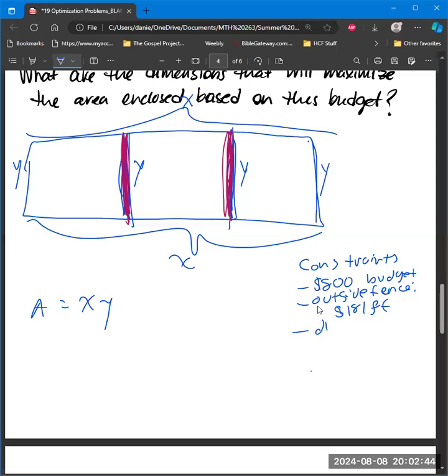Our dividers that we have in pink are $22 per foot. So how many outside parts do we have? I see that we have 6, 7, 8.